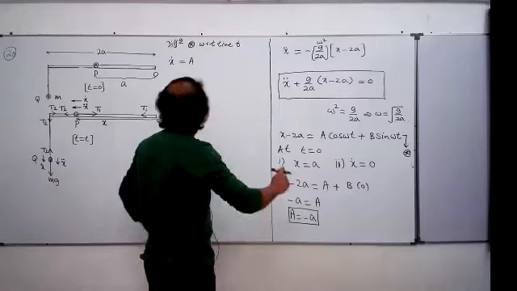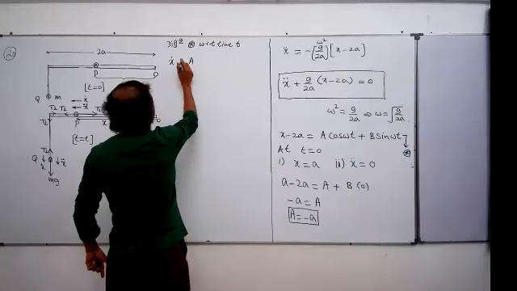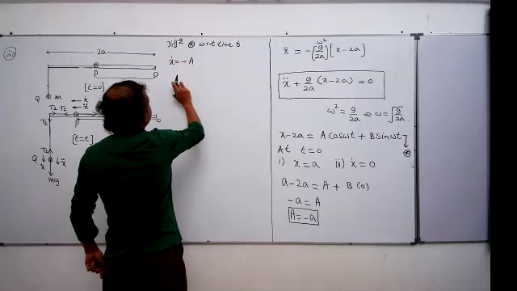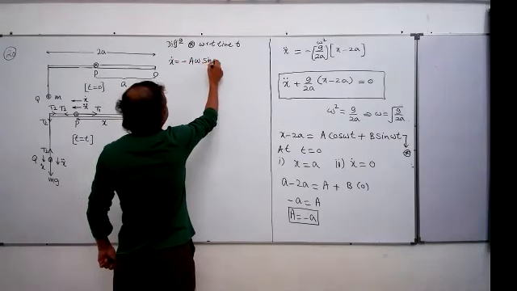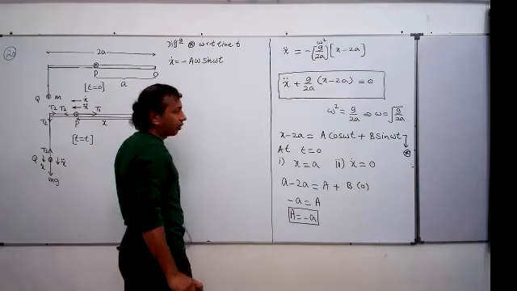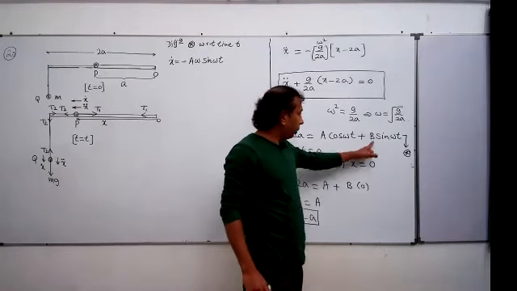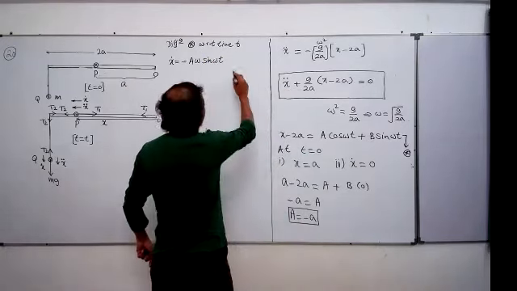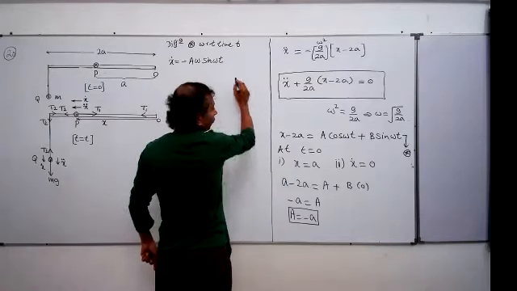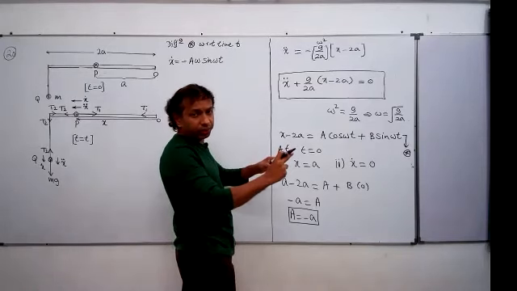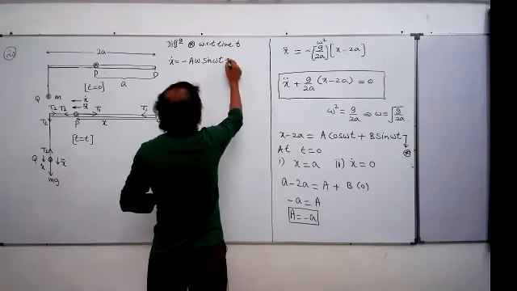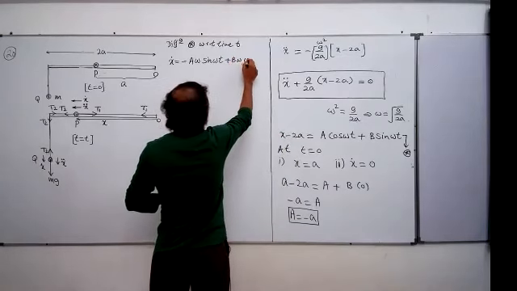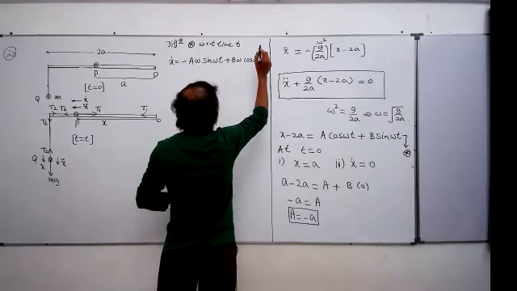B is constant. The derivative of sin omega t is cos omega t into omega, so we get B omega cos omega t.